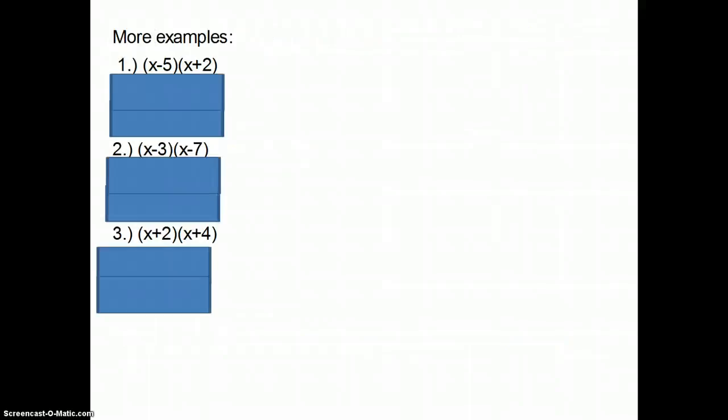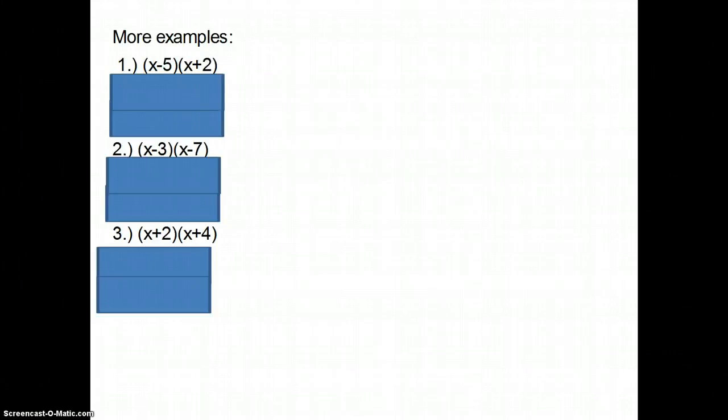Flip to the back of your paper or the next page, depending on how it's printed. So, we have 3 more examples we will do together. x minus 5 times x plus 2.